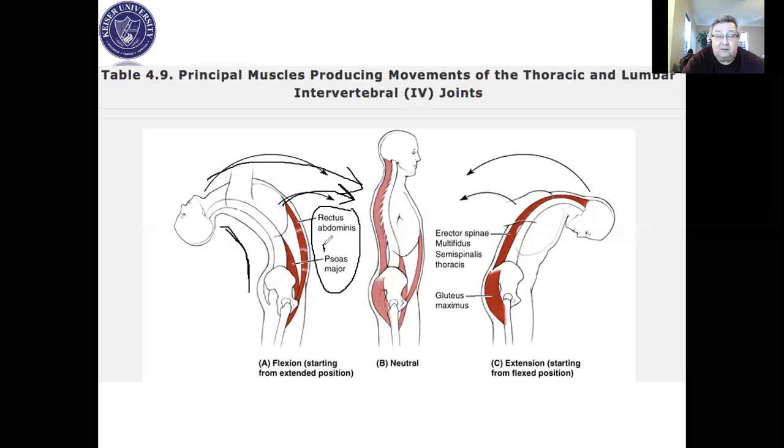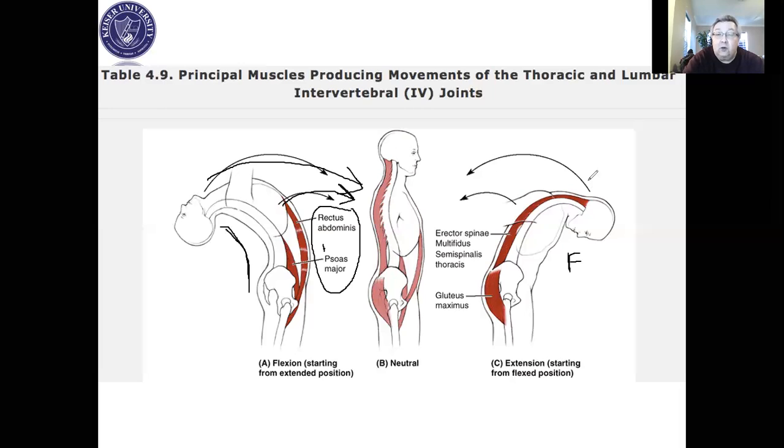Remember, we spoke about the iliopsoas, which is the combination of the iliacus and the psoas major. Those are the two muscles that flex the body in order to return it from an extended position. On the other hand, this person is flexed. They're flexed over at the trunk.